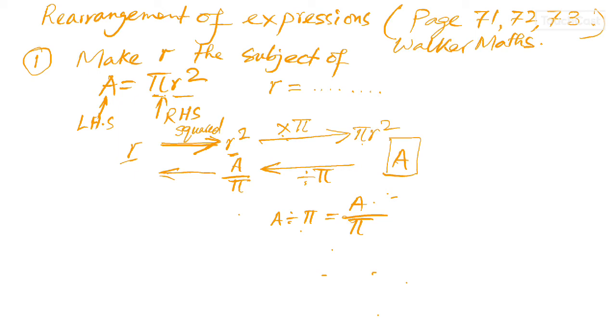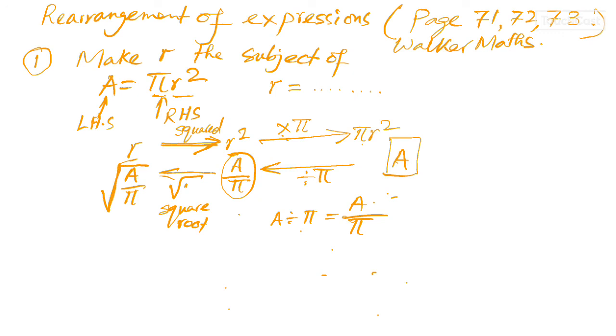So on the backward movement, we have to square root that expression, A over pi. So we are going to do square root of A over pi. You have to be very careful to drag this square root all the way through.